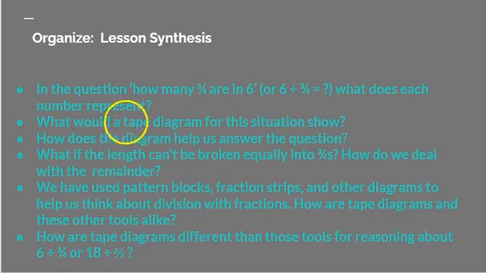So kind of what was going on is, in a question like how many 3/4 are in 6, or 6 divided by 3/4, what does each of these numbers mean? The 6 is how much our total is. The 3/4 is how much we're putting in each group. What's a tape diagram look like for this?